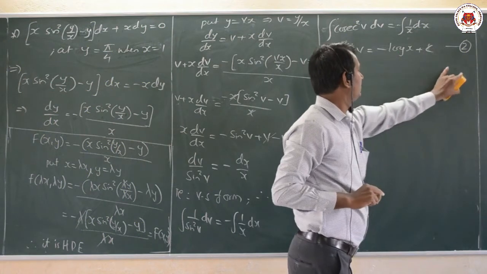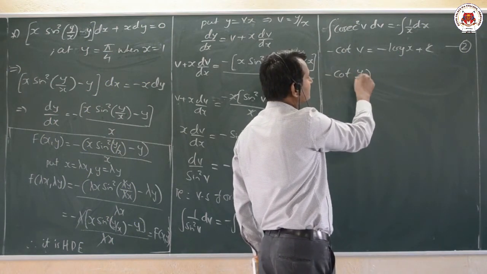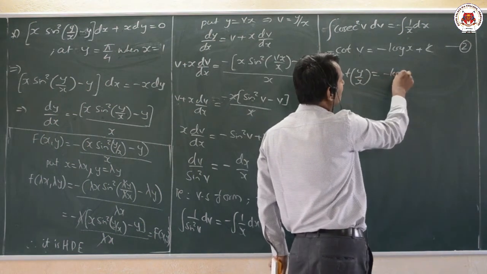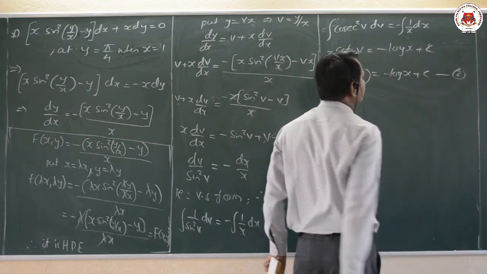So we get minus cot of y by x equal to minus log x plus c. I will take this as equation 2.